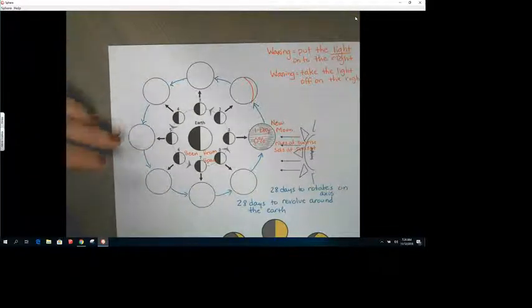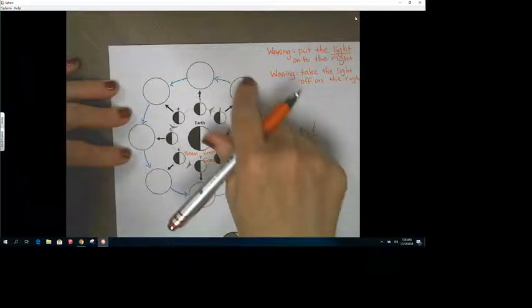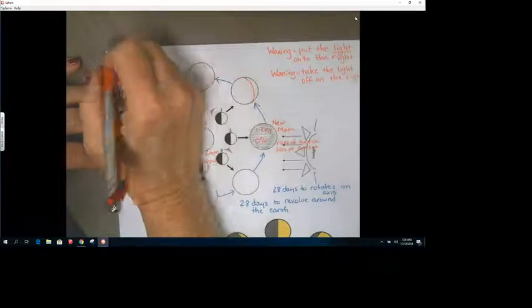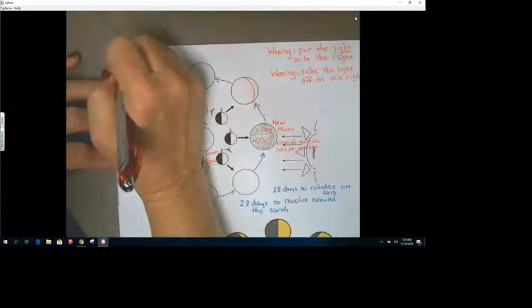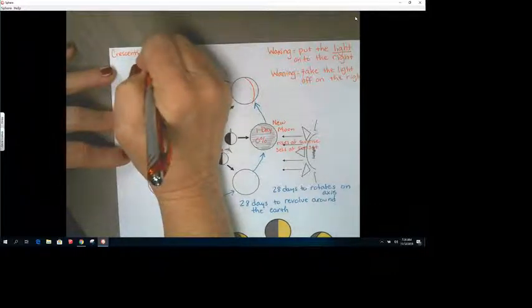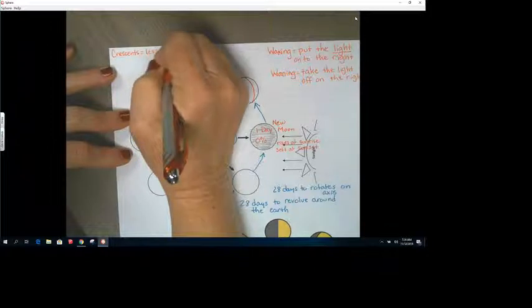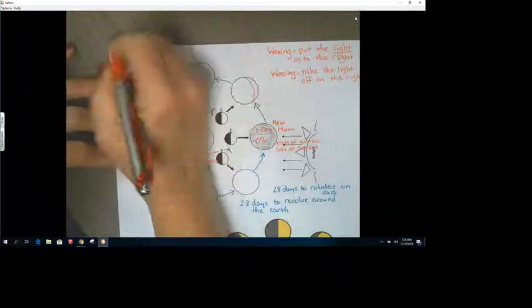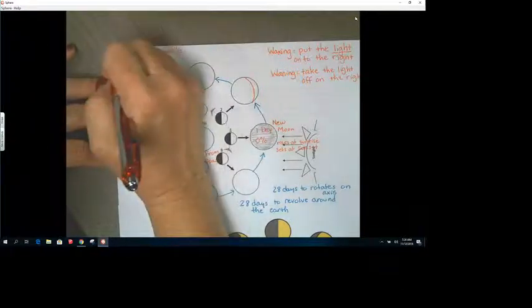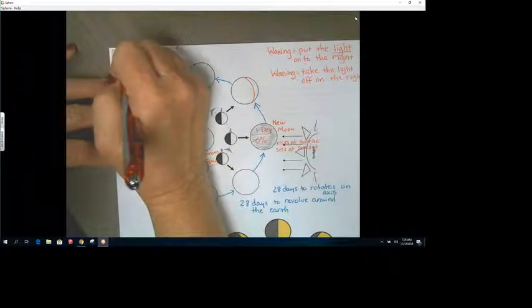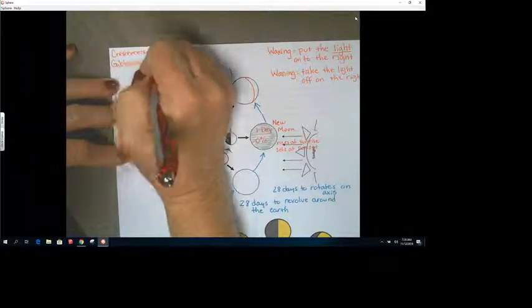All right. Two other things to remember. Crescents are less than half, and gibbouses equals more than half.